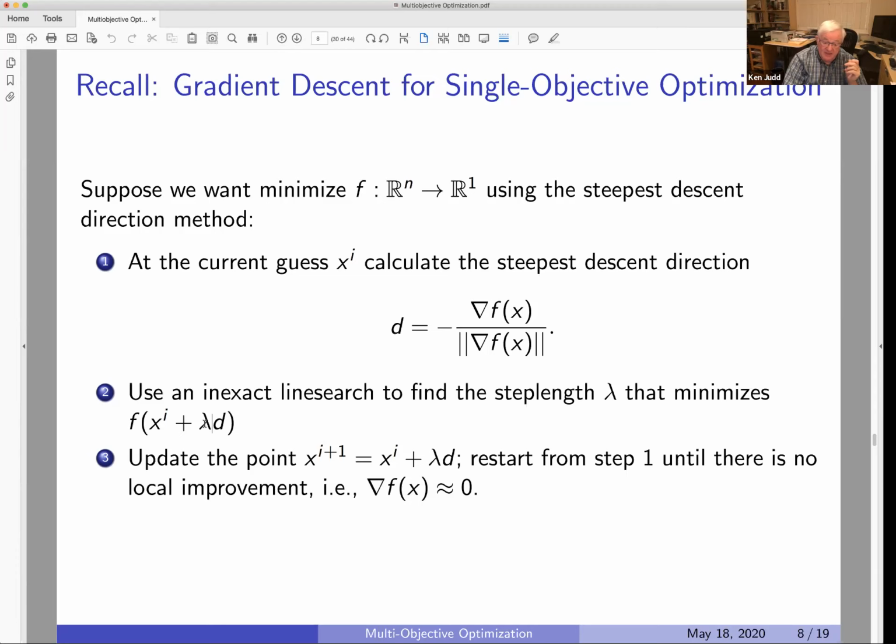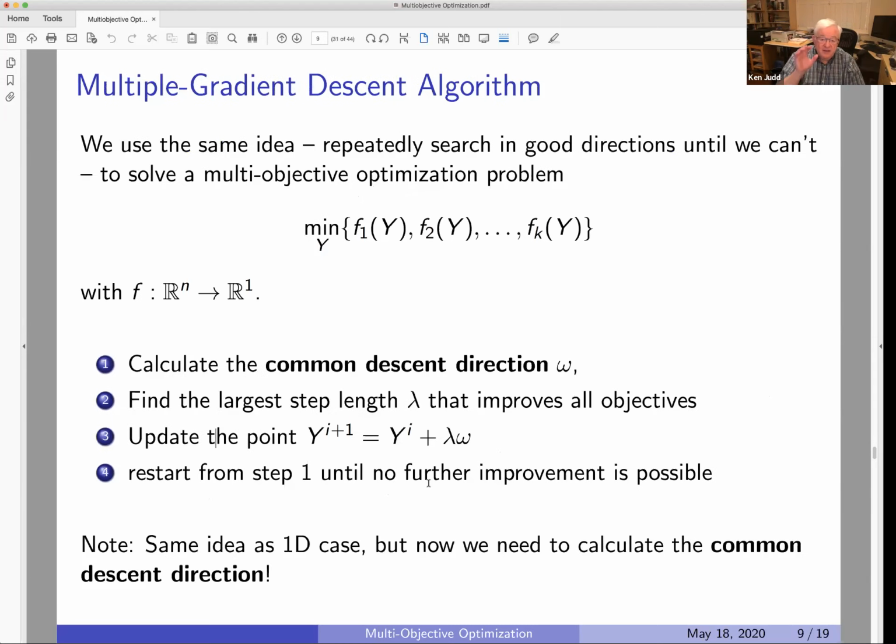And then when you stop, you update your point, you get your new guess, and then you restart, and you keep going until the gradient of the objective function is 0. Now, in the multi-objective optimization literature, we can follow the same principle. We can use the same idea.